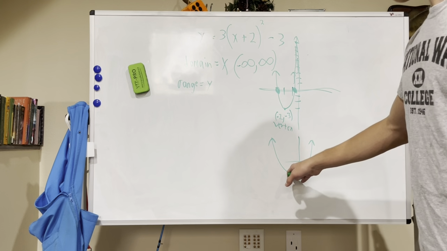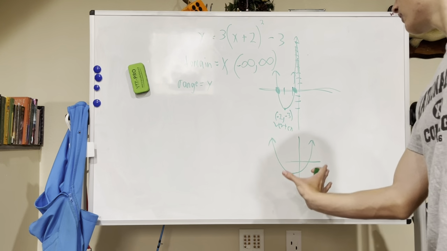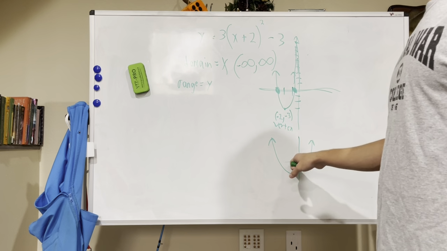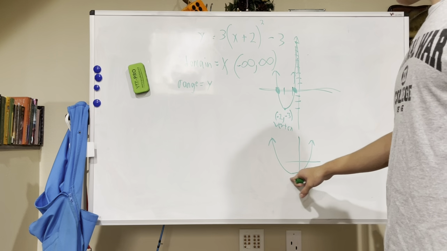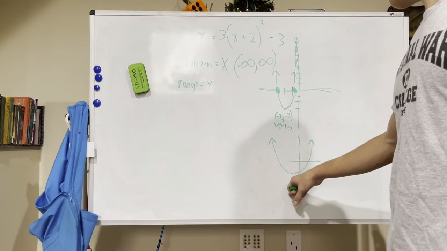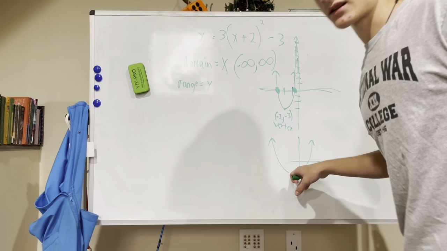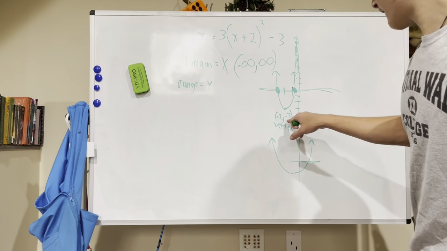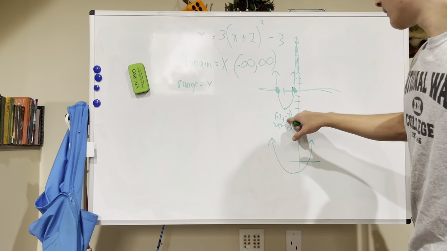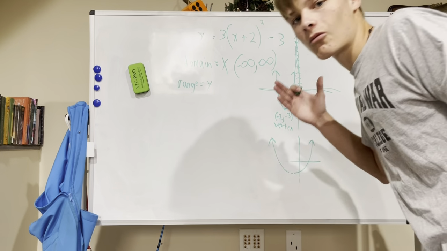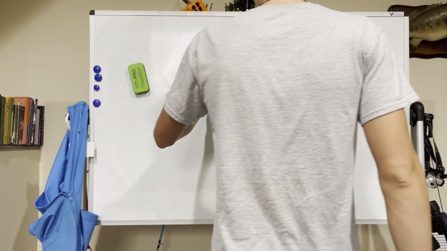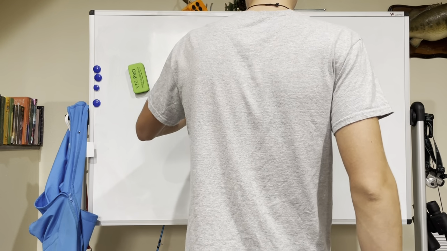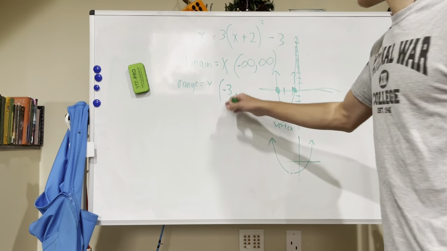Now, you see how they continue to go up and to the side here, but there's no way they can get further than this point, which is your vertex. Now, where's your vertex? Oh, we already found it. It's at -2, -3. So the lowest possible y number is -3.